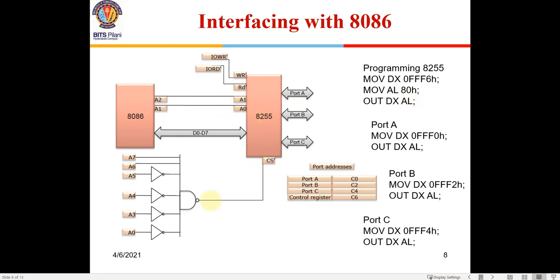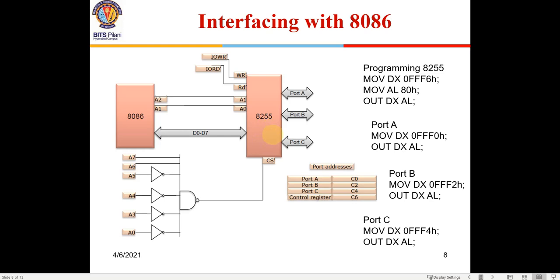Now we also have an address ending with 6. If you give 1 1 as A1 and A2, the address would be something like 0FF6, because it is 1 1 here, like 4 plus 2, 6. When you give this address, the data line will be diverted. Instead of port A, port B, port C, it will be diverted into the internal register of 8255.